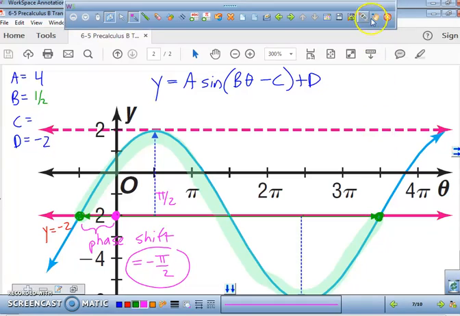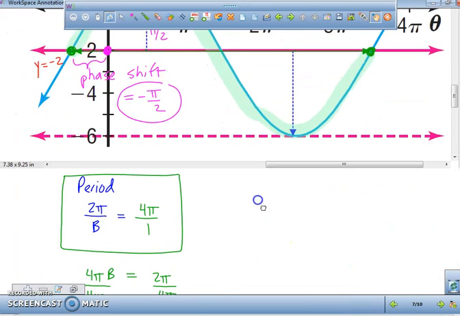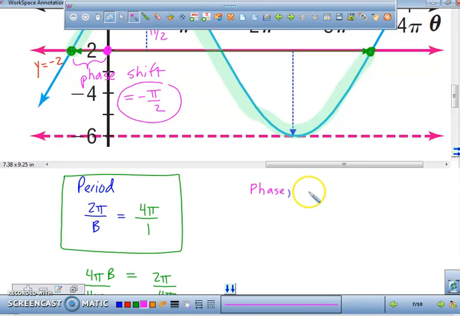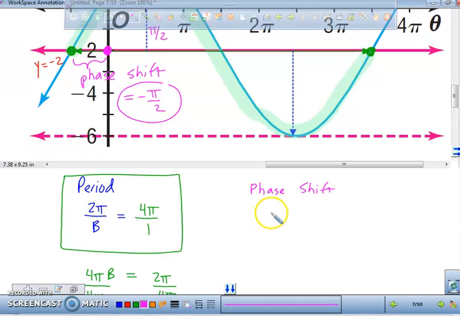Okay? So right now, I'm going to make my formula for phase shift right here. Phase shift is equal to the formula of what? C over B. What was our phase shift? A negative pi over 2. That was our phase shift.